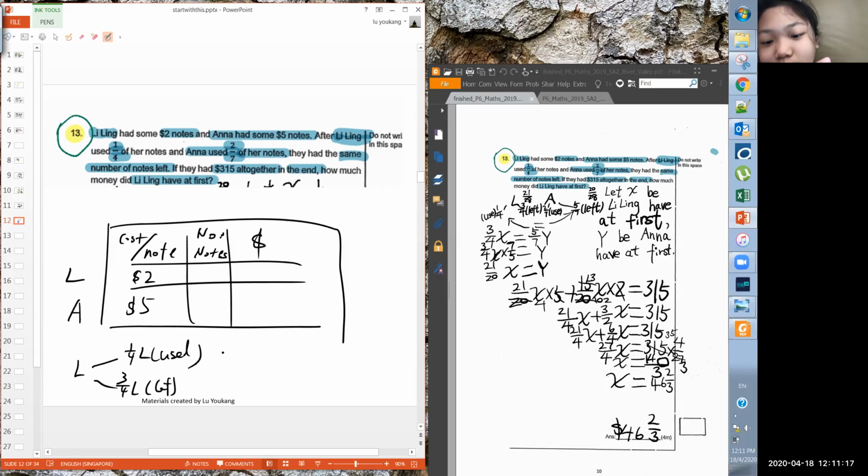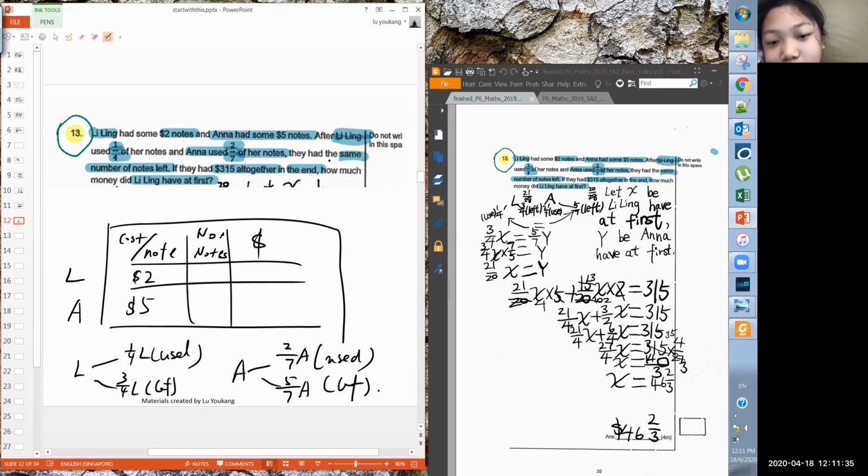Okay. Then for Anna, use 2/7 and so it's 5 over 7, A left. This is used. This is left.